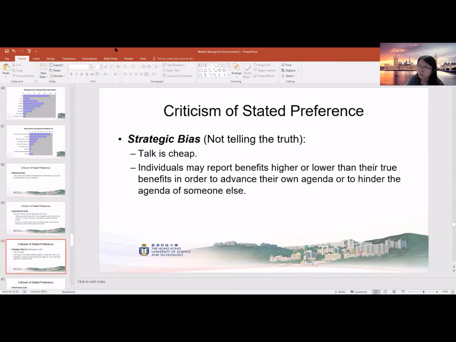Or if we add up everyone's reported sum and it's greater than the cost, then we ask you to pay proportionally. Imagine the cost is 90% of the total aggregate stated benefits, then we ask you to pay 90% of the stated preference. Would you be more likely to over-report or under-report in that scenario? Strategically.